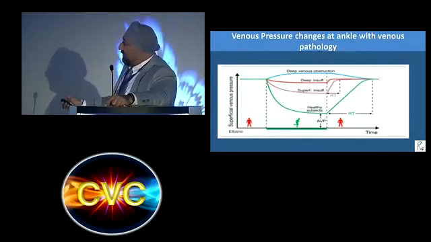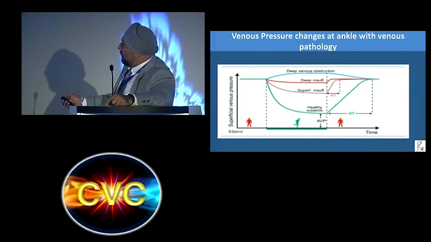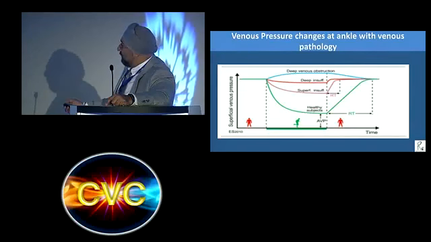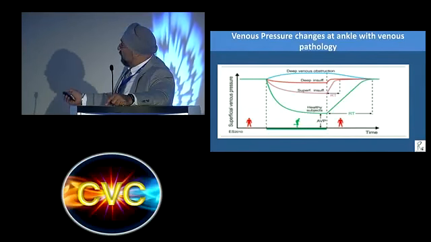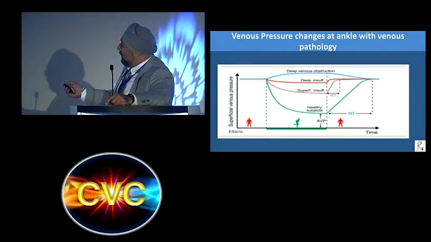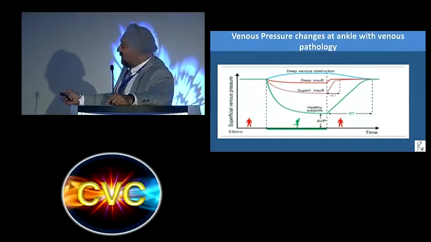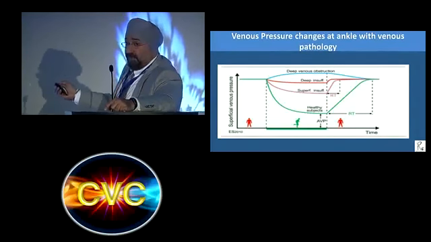This is another chart that I actually love. So if you have a healthy subject, when they start walking, the pressure will go down. And then as you stand just in one place, the pressure will go back up. That's a healthy limb. If you have superficial venous insufficiency, it will go down a little bit, but then go right back up as you stand.